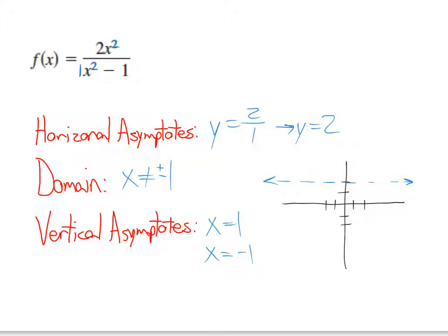I also know I have vertical asymptotes at x equals 1 and another one at x equals negative 1. Now, I have a question here. How are we going to figure out the rest of our graph?